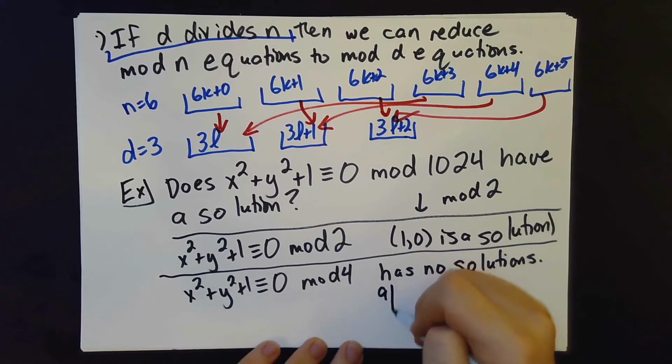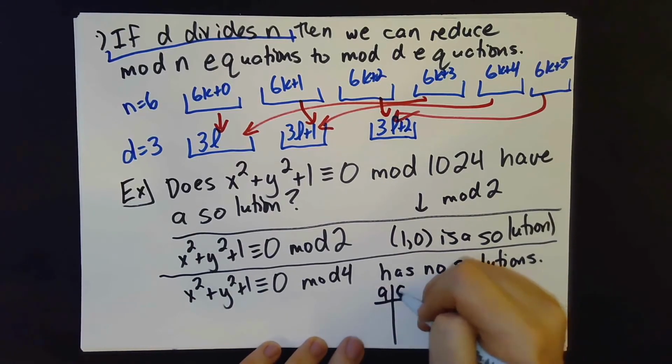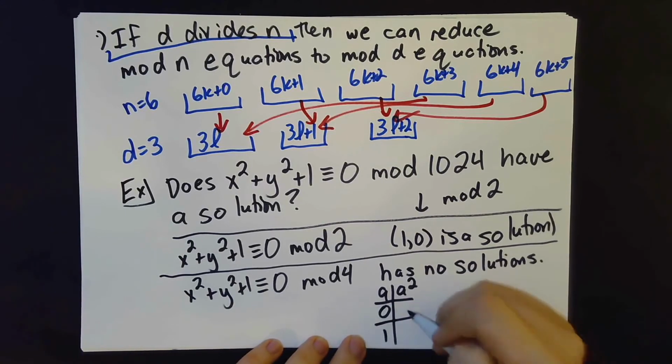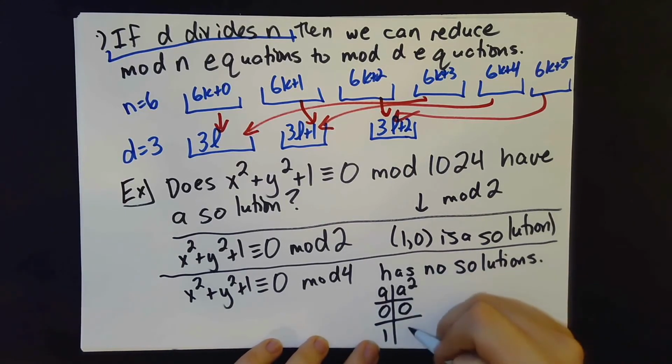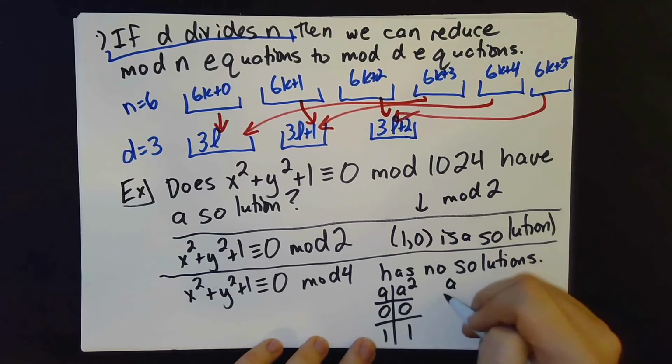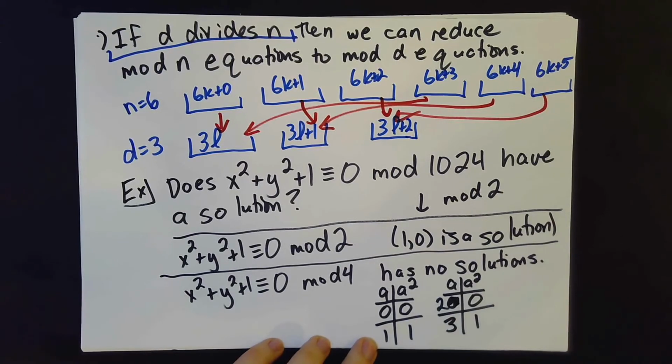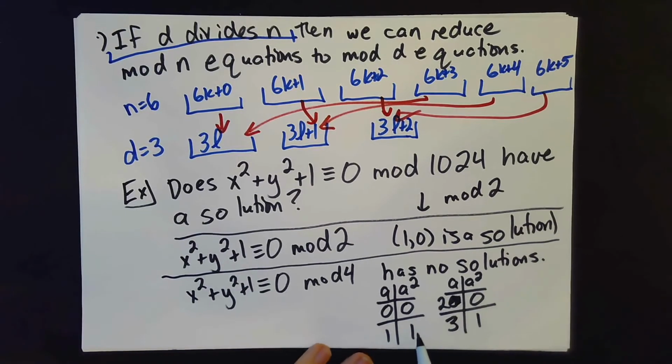Well, let's look at the same thing we did in the last problem. Let's look at the squares mod 4. 0 squared is 0, 1 squared is 1, 2 squared is 0, and 3 squared, 3 times 3 is 9, that's 1. And so 0 and 1 are the only squares mod 4.